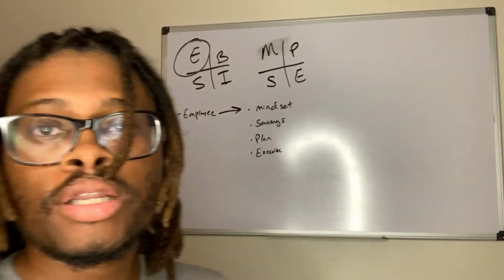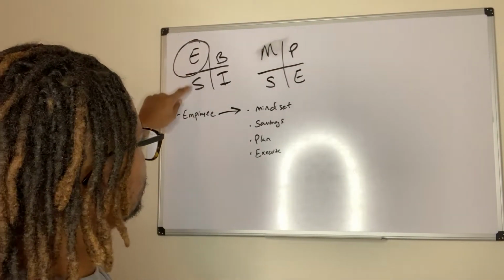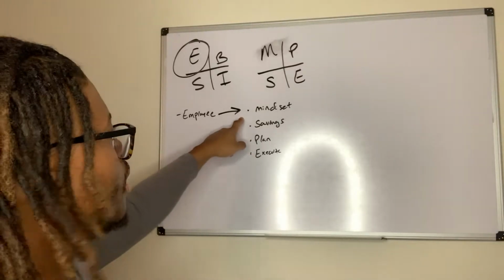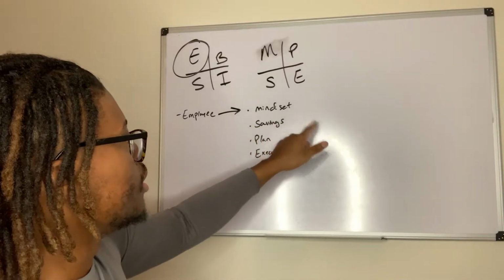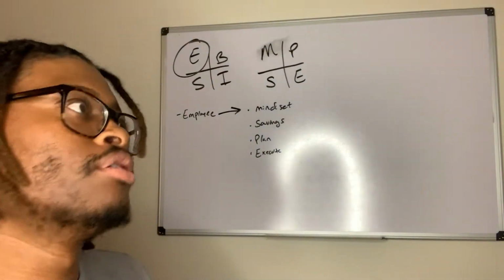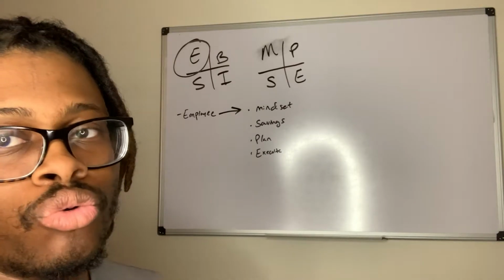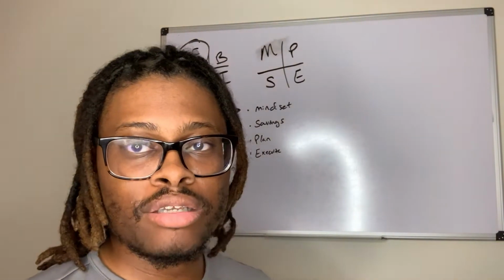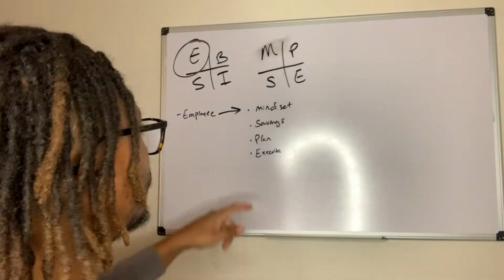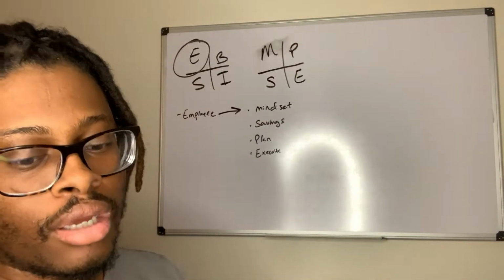But in order to get out of this quadrant and into this quadrant, I feel like these things are really important. Your mindset, as far as knowing that you have the discipline to do what it takes at any point in time when you're moving on to the self-employed quadrant.